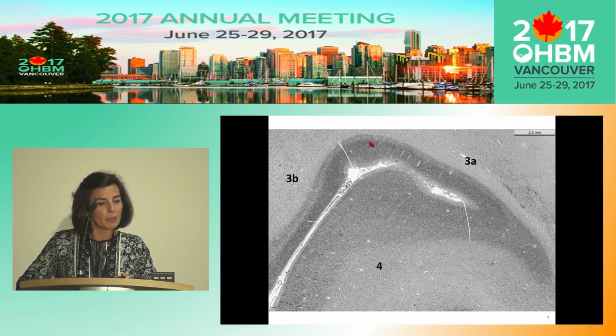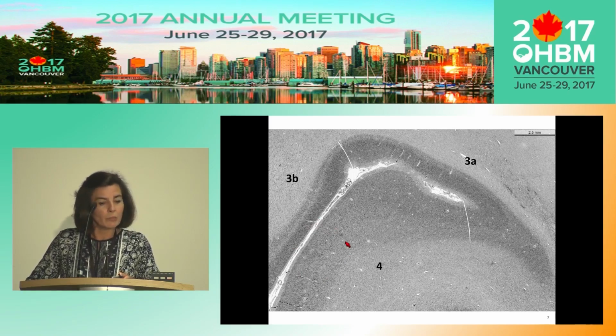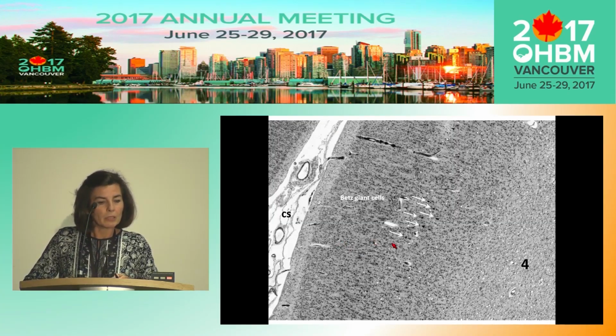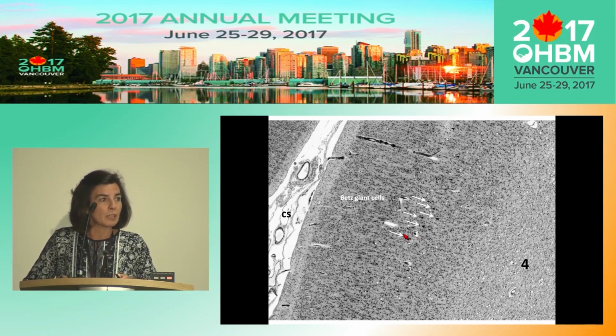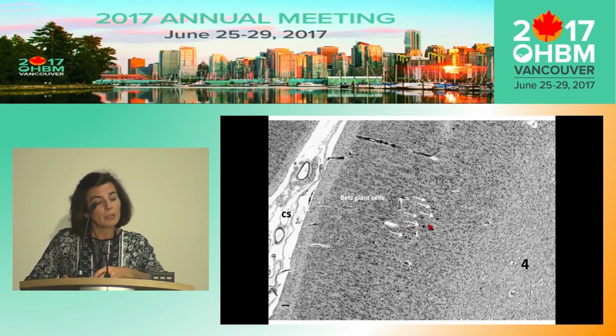It's followed by area 3a and 3b. If we zoom in even more to the motor cortex, we can see enormous cells in layer 5 of area 4. These are the Betz cells. These are the largest cells in the human brain, and their neuronal bodies can reach up to 100 micrometers in diameter.